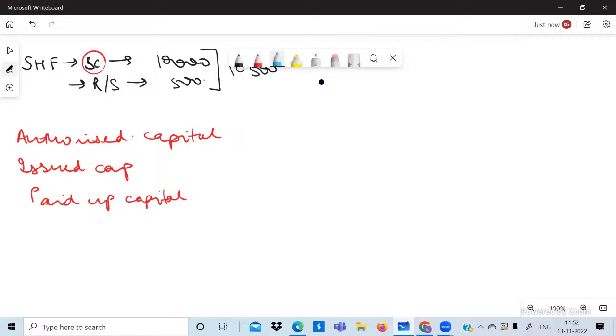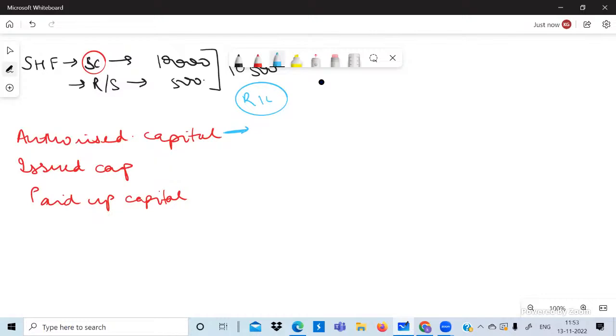Let's look at it. So let's say I'm a company. Let's take a hypothetical example of, let's say, Reliance Industries. So let's say when I start my company, I will decide the maximum amount of capital that I can raise from the public. So authorized capital is the maximum capital that you can have in your balance sheet.